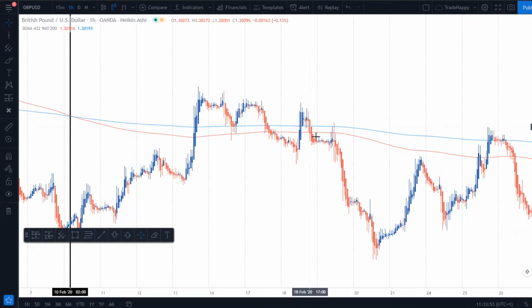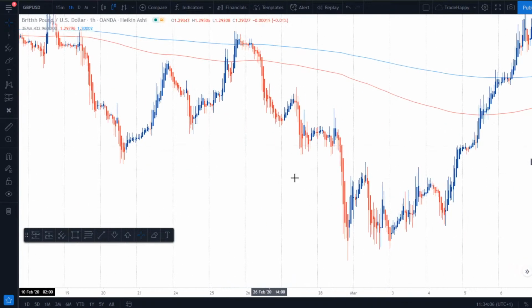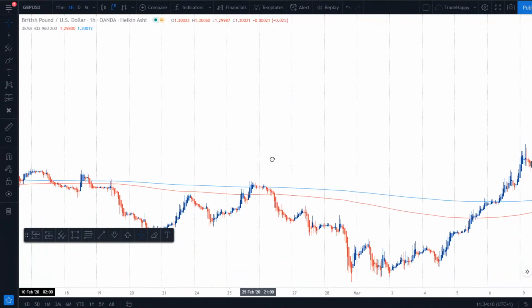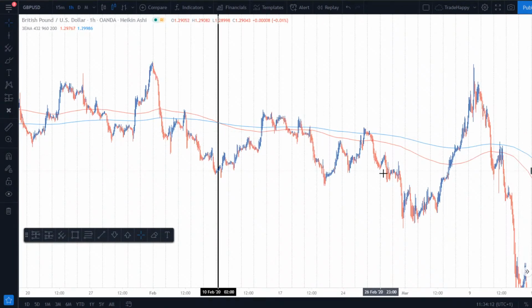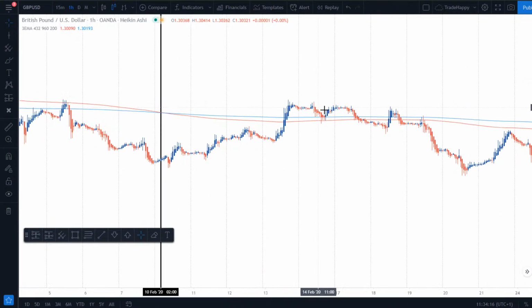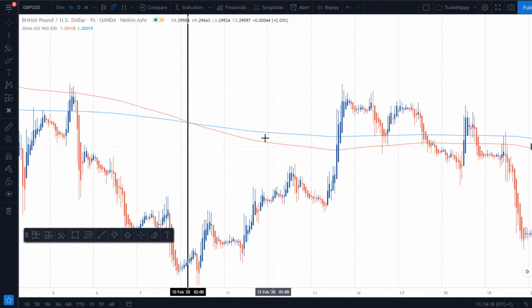And whatever strategy you're using, obviously there's plenty of strategies out there, but you can look for fib retracements. You could look for stochastics. If you put a stochastic indicator on, or RSI, you could be looking to sell in this area here.